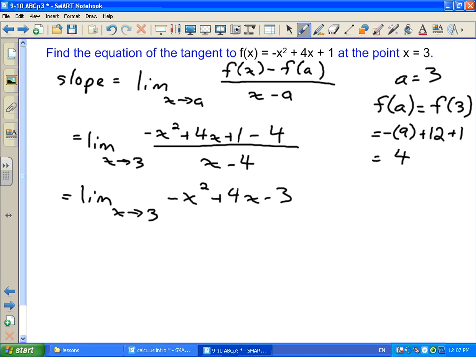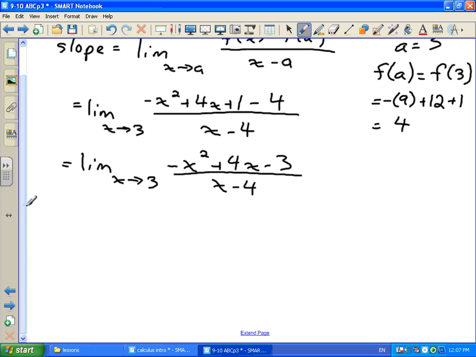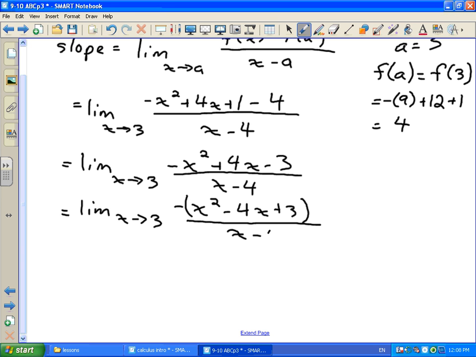So we'll get negative 3 there. Brody's suggestion was a good one here. Next, we want to factor out a negative 1, because that'll make it a little easier to work with. I'm just going to keep our limit here. Factoring out the negative 1 gives us negative x squared minus 4x plus 3 all over x minus 4.